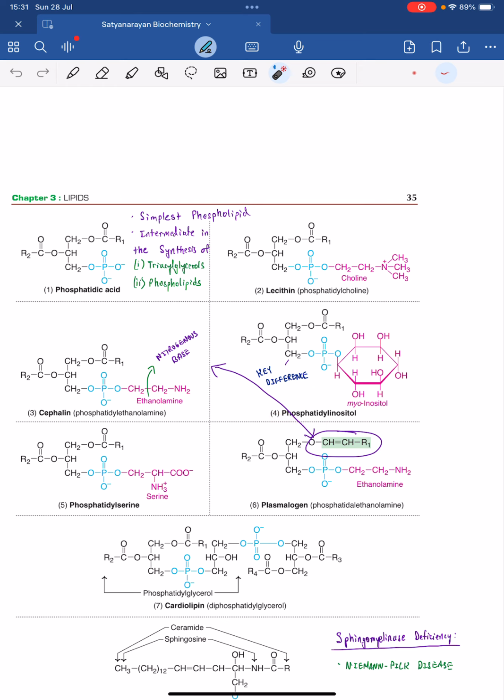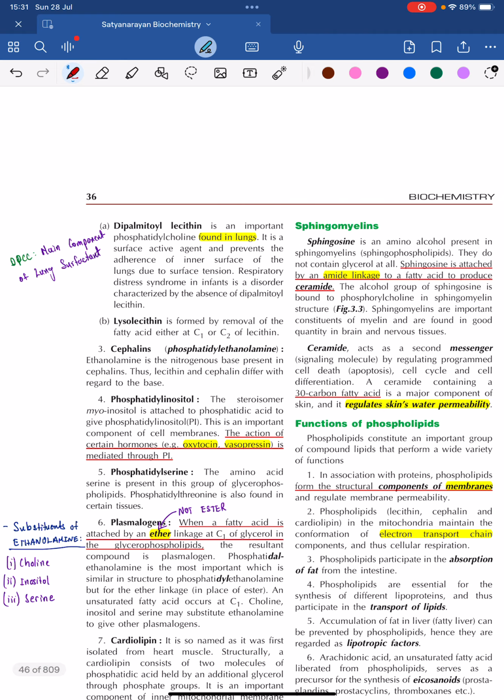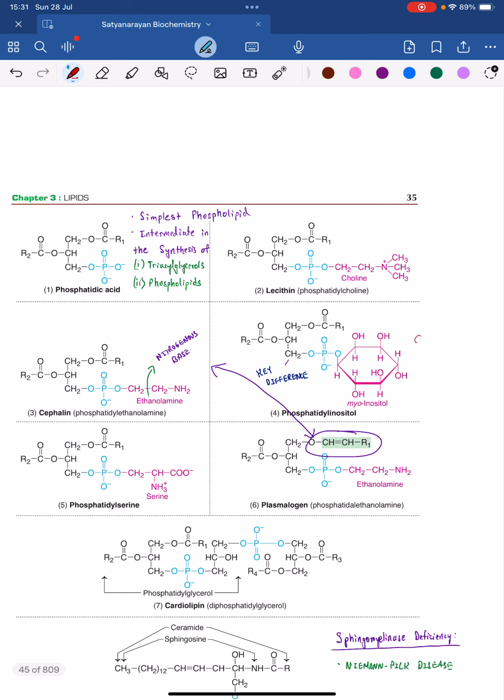Both of these are hormones of the pituitary, especially the posterior pituitary.